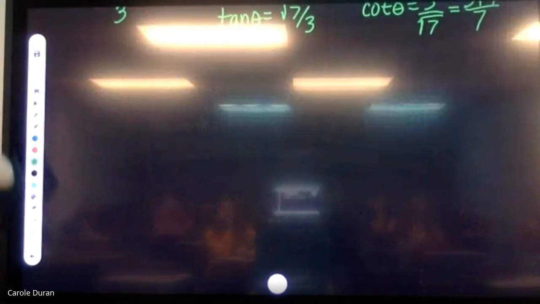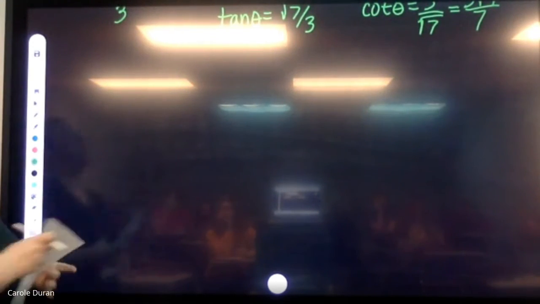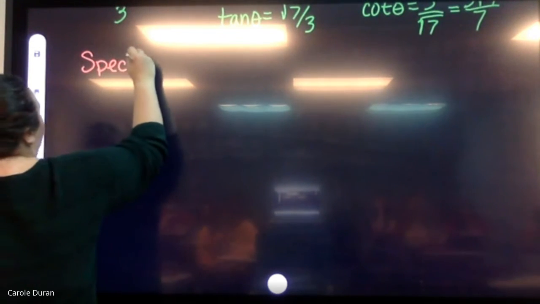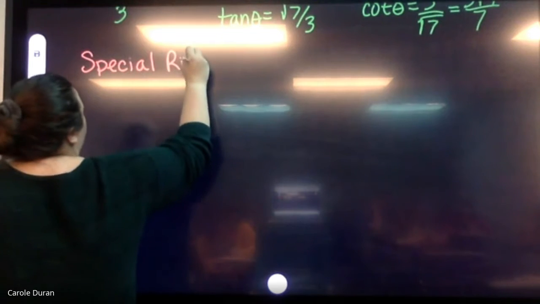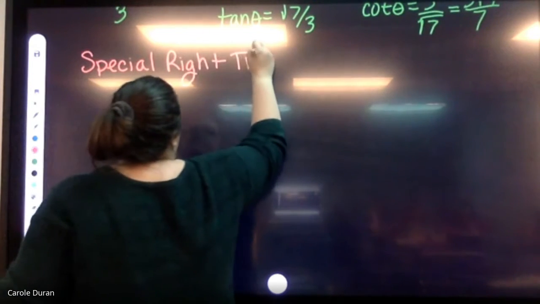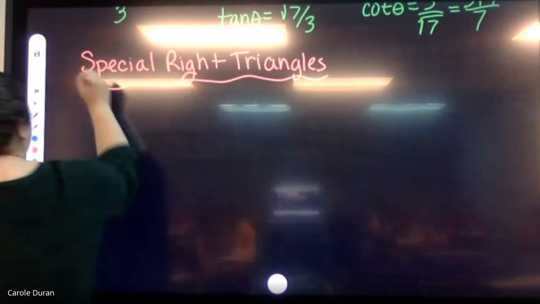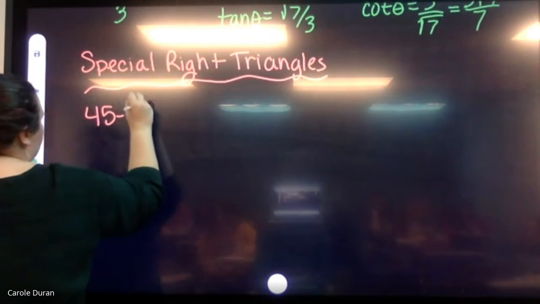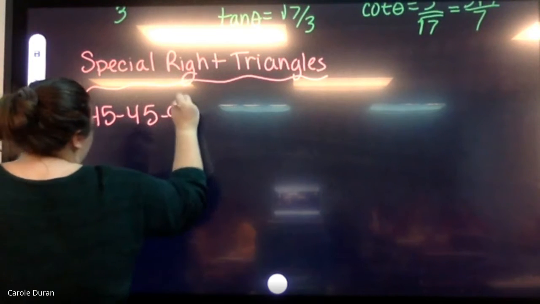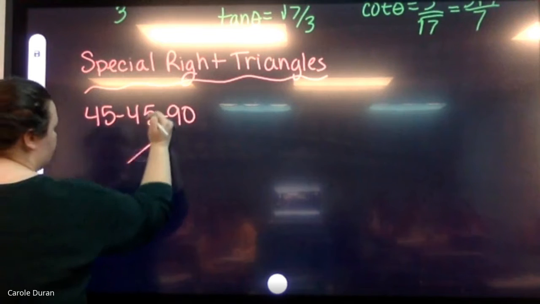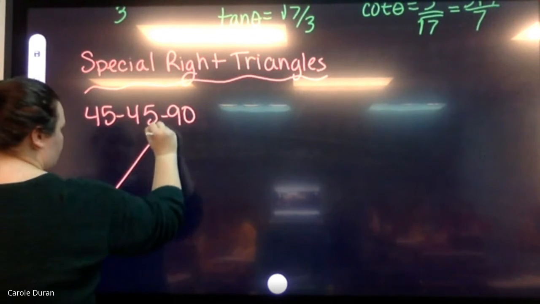But okay, so the first special right triangle we're going to identify is our 45, 45, 90. Definitely not drawn to scale.